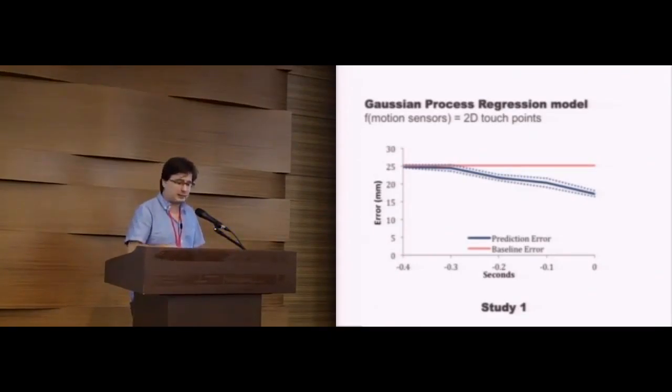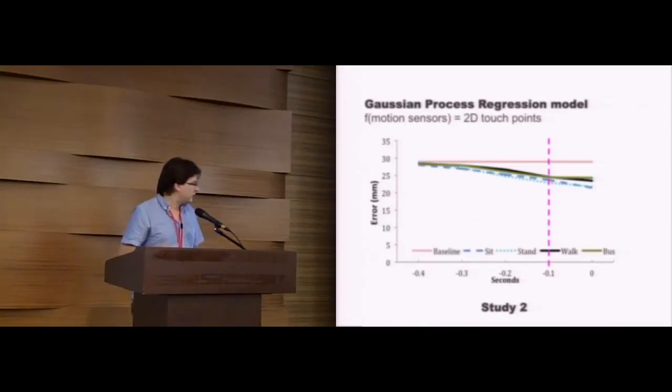The baseline in red is what you get if you have no information and just guess the center of the screen. Our predictive model has an error rate that's consistently below random chance, and significantly better. In fact, if we make a prediction 0.1 seconds before the touch, we have a mean error of around 20 millimeters. This is in line with some of the past results.